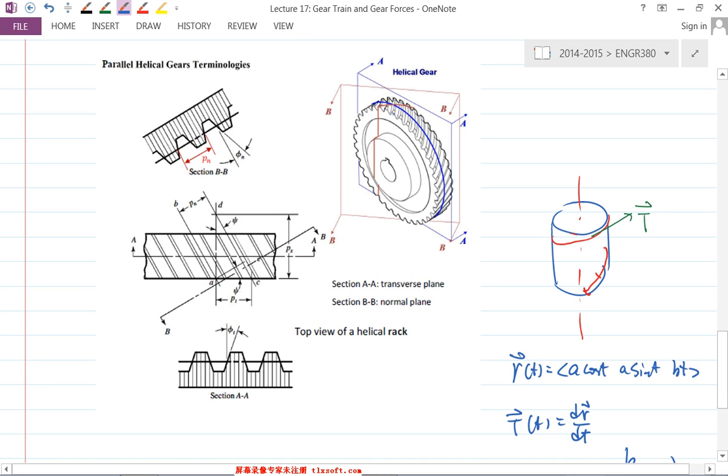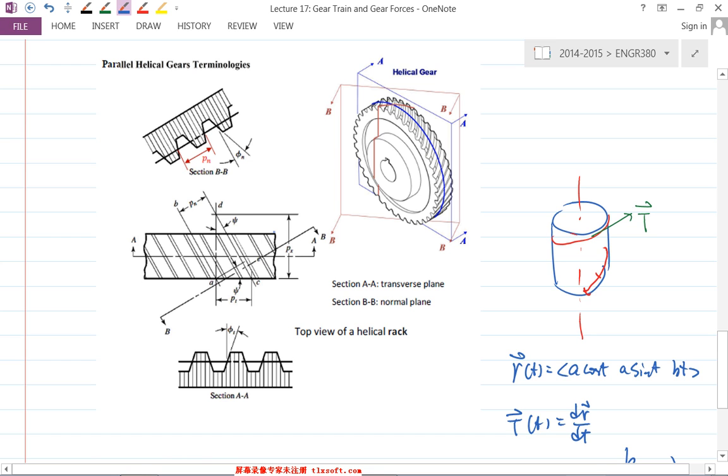And if you cut the helical gear with this BB plane, which is perpendicular, or normal, to the gear tooth, in other words you cut it at the helix angle. See this line and this line together, you have a helix angle. So if you cut it, my computer is a bit slow.